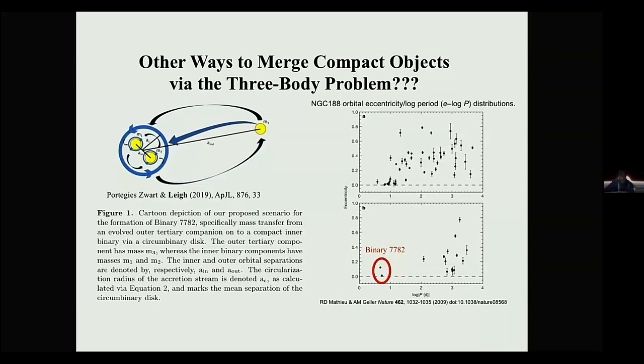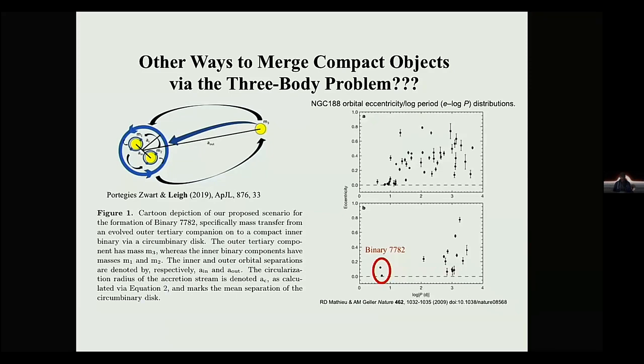Right, so if the components of triples are all stars, then the outer tertiary can evolve eventually to overfill a Roche lobe. And there will exist, obviously, a large population of triples that can both overfill their Roche lobe while also maintaining dynamical stability.